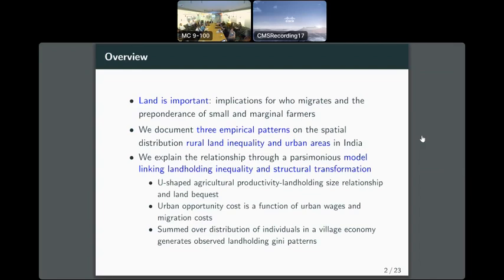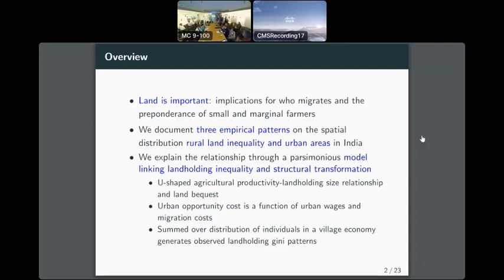So I'm going to be talking about 3 empirical patterns that pertain to the spatial distribution in rural land inequality and distance to urban centers. I'm not going to summarize, given that I only have 20 minutes. I'm going to go straight in and show you those patterns.